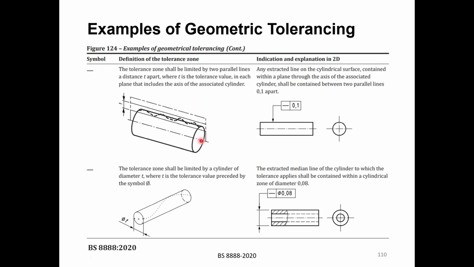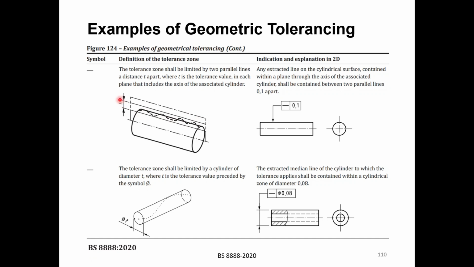Again, what if you have a cylinder? The feature control frame here says that the straightness of this surface should be within 0.1. For a cylinder, you just imagine that you have a plane, and this plane is parallel to or goes through the center line of the cylinder, and then above and below this surface you draw two lines.